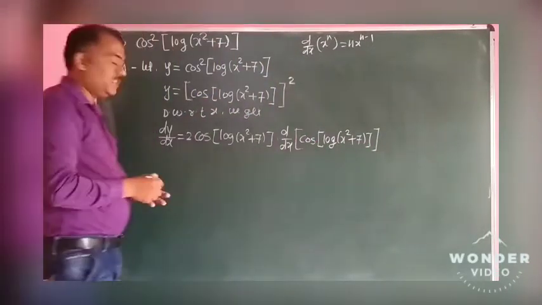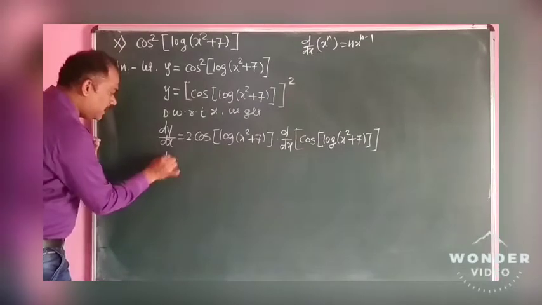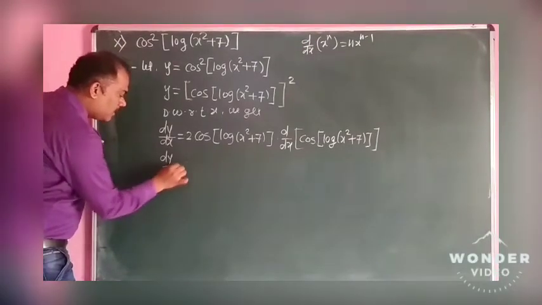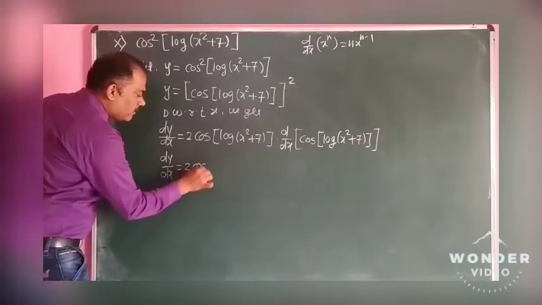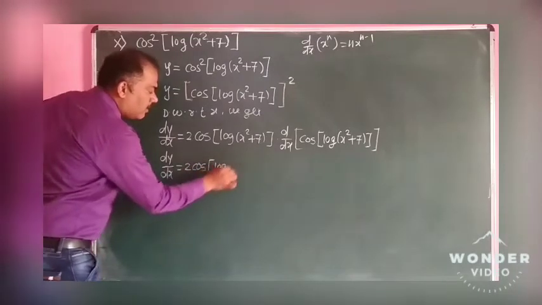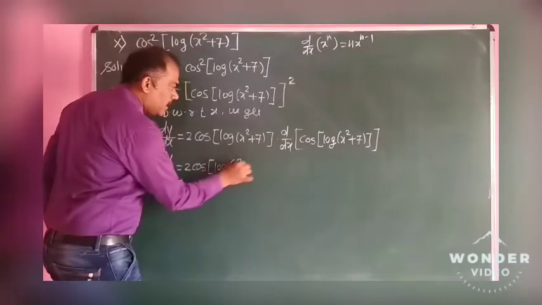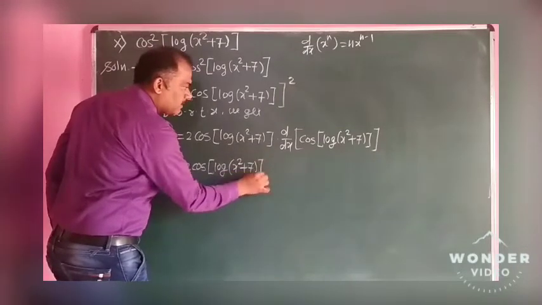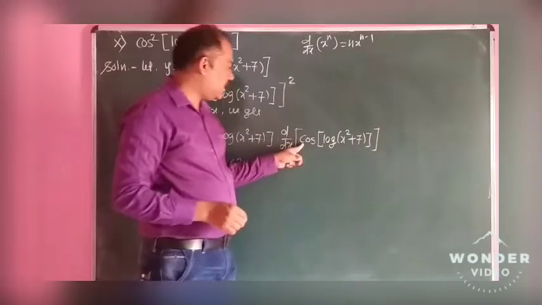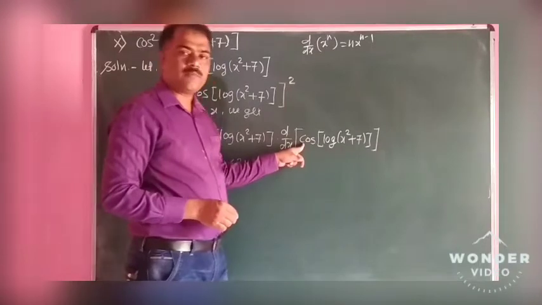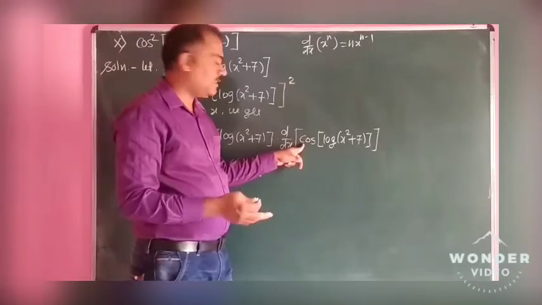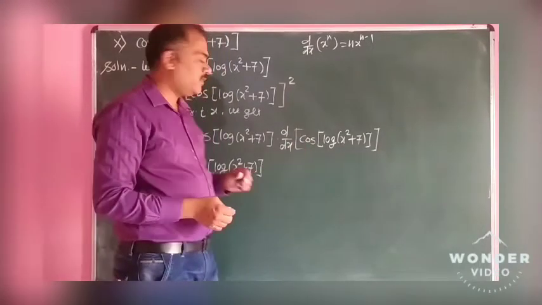Okay, in this we have to take the derivative. That is dy by dx is equal to 2 times cos of log of x square plus 7. Now first we have to take the derivative of this cos. What is the derivative of cos? Minus sine. Whatever that angle is, we can write as it is.